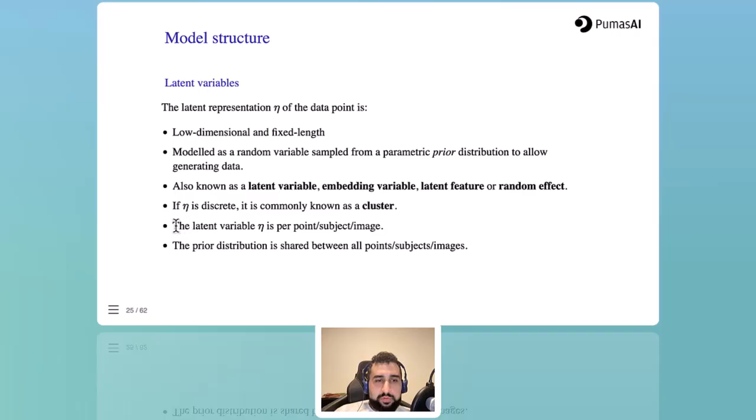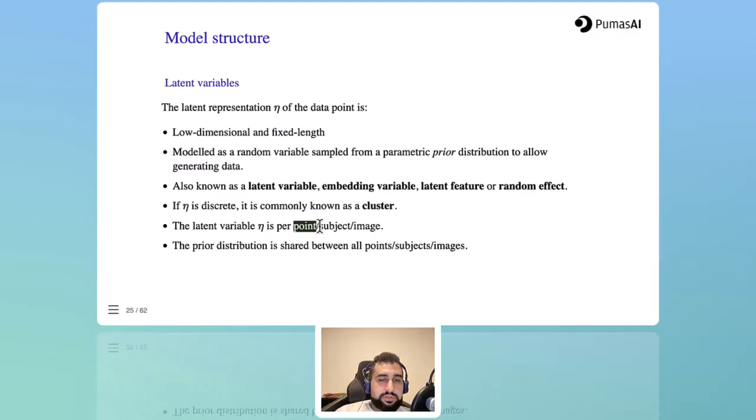Now, another very important distinction here that's subtle but quite important to think about is that there's actually a different latent variable eta for every point. And the concept of a point here is a bit general, so we need to define what a point is. In the case of two-dimensional points in space, every point in space has its own eta.